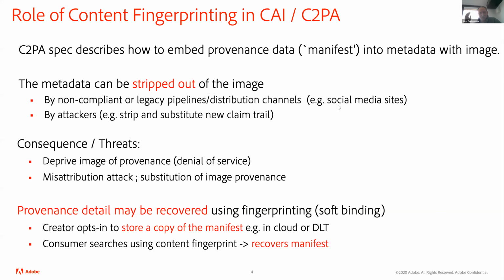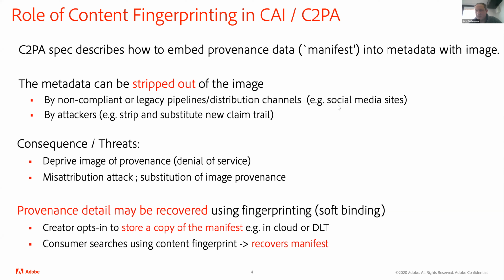So today's talk is about content fingerprinting and its role in helping solve this provenance problem. I'm going to ground that discussion in the Content Authenticity Initiative and the technical specification that is being developed by people in that initiative and others, that is all about establishing provenance.